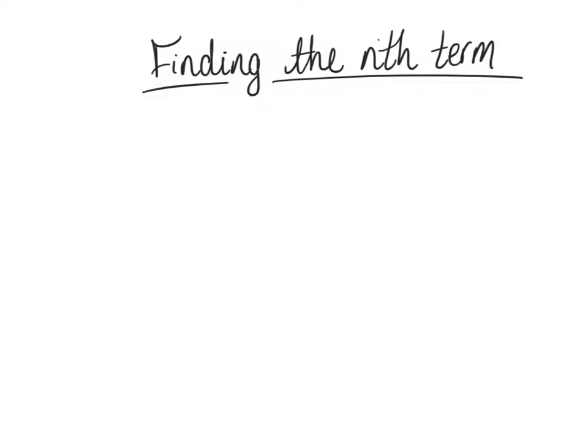Right, so finding the nth term is very, very, very similar. Let me just think of a number sequence. 5, 11, 17, 23, 29. Okay, so there's the number sequence. Now we do exactly what we've been doing up to now. So we work out what it's going up in.